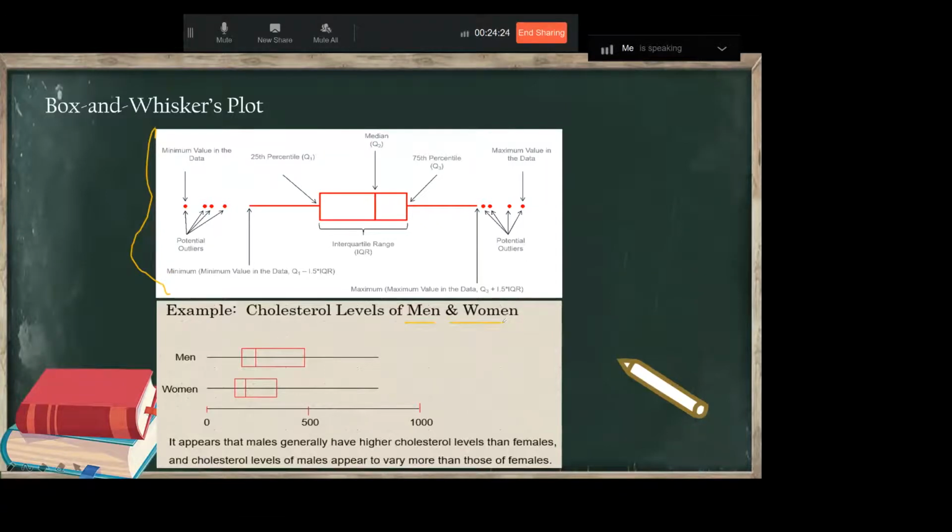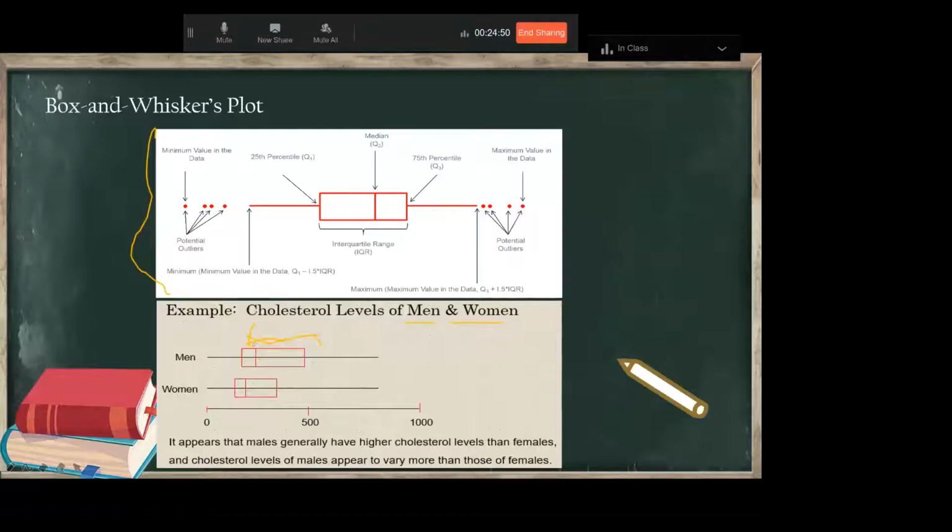Looking at this graph, we can say on average the level of cholesterol is more in male. Why? It depends on the box width. This box width is more in male, and the variation in the cholesterol is higher in male because this IQR box width is more, right?